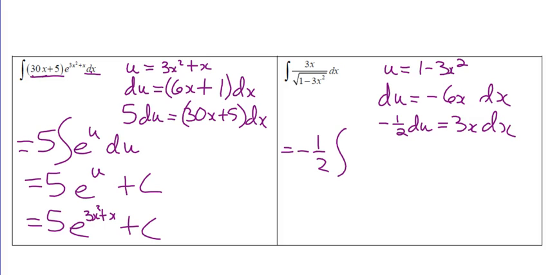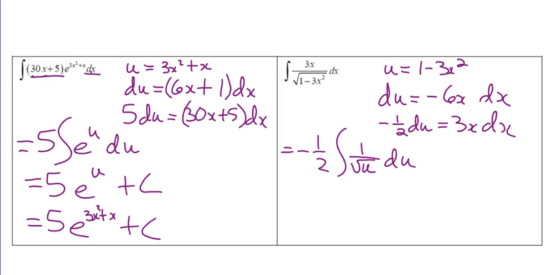We have an integral of, now, what do we do for the 3x dx, so we've got the negative 1/2. That's the du, so this is just 1 over root u, right? 1 over root u du. So here's u. That's what's underneath the root sign here. So 1 over root u du.